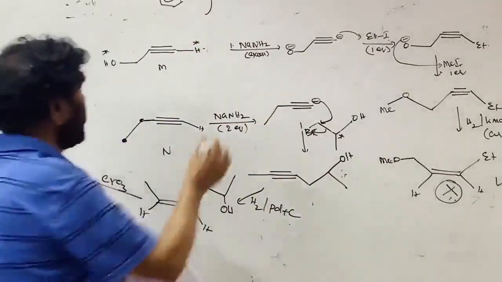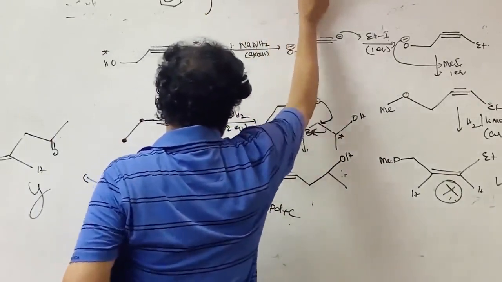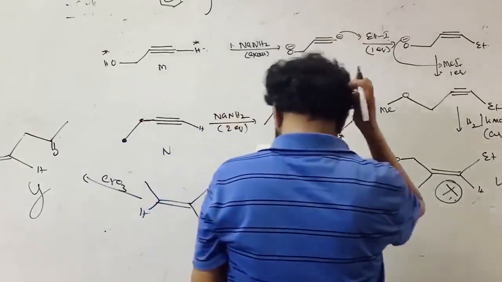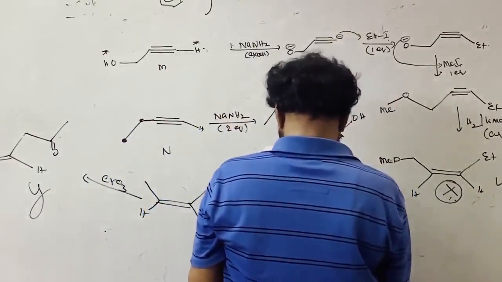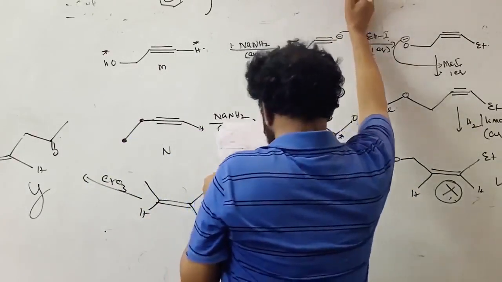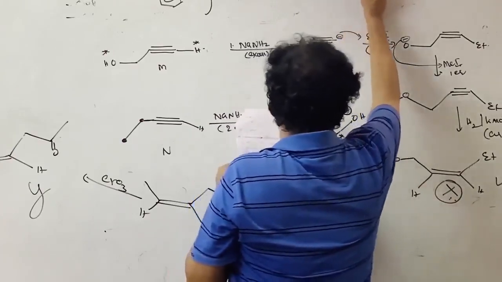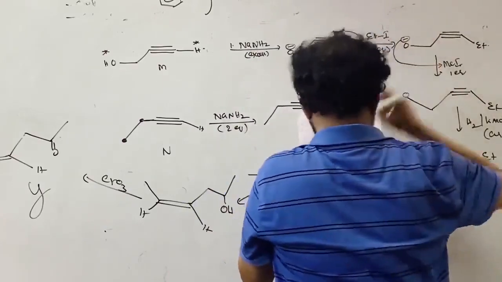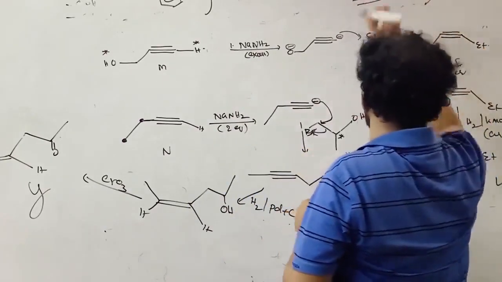The next one is methyl chloride, SN2, not SN1. And the next one is 2 degree. That is SN2, right? Primary. Next one is this. You may ask, why is this here?